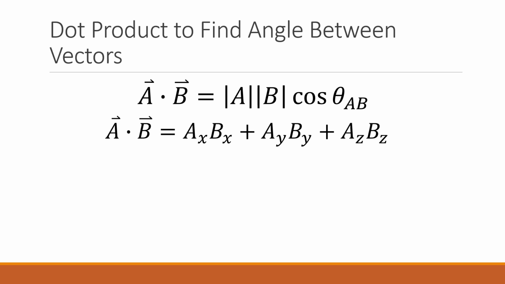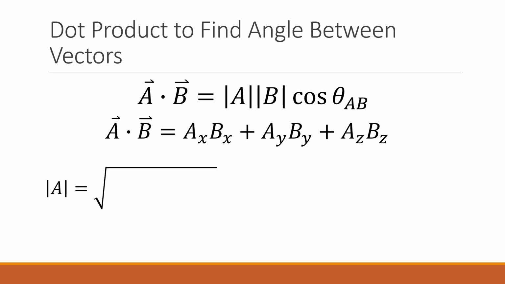So it would be ax times bx plus ay times by plus az times bz. Note that the dot product is a scalar value, meaning it is just a value. It does not have any direction. So we don't want to have any of those unit vector signifiers in our dot product resultant here.